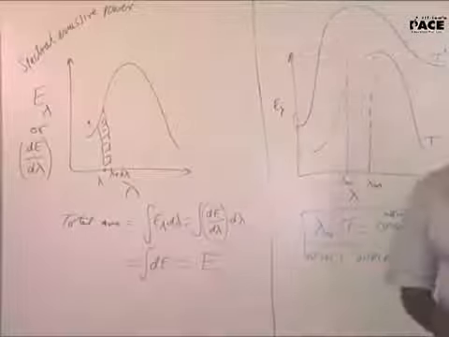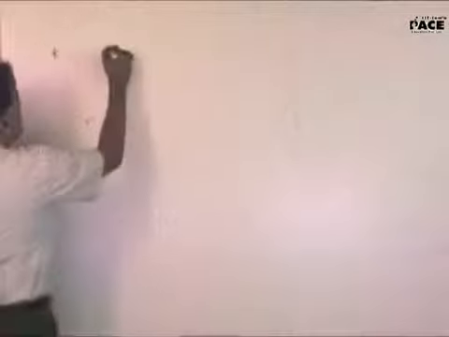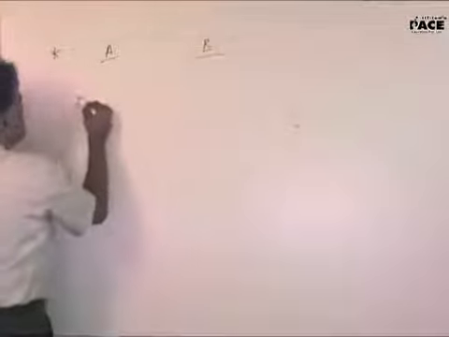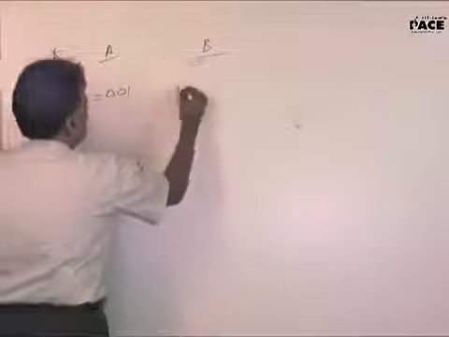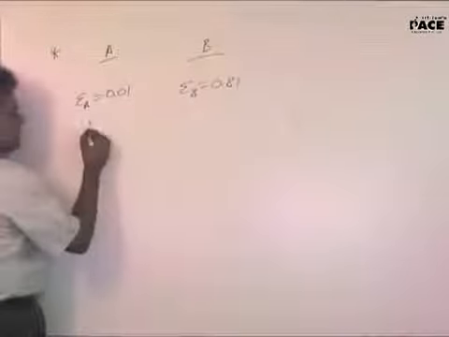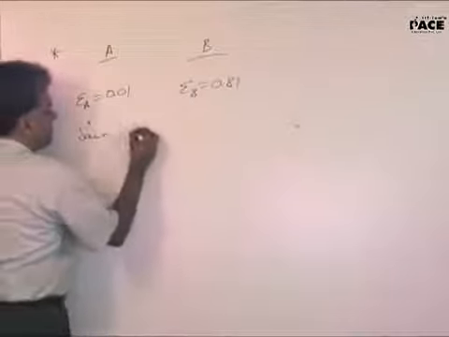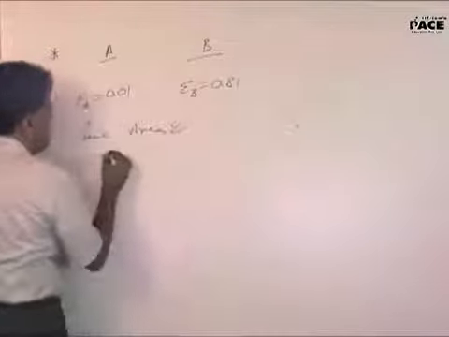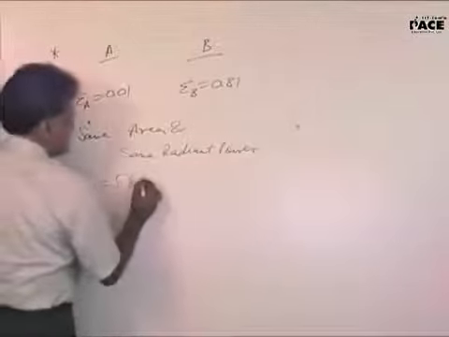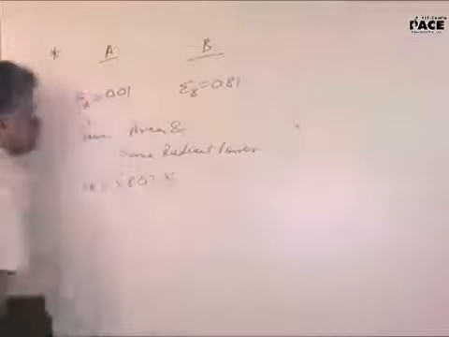The first question coming up: there are two bodies A and B. Their emissivities are 0.01 and 0.81 respectively. They have the same area and same radiant power. The temperature of A is 5802 Kelvin.